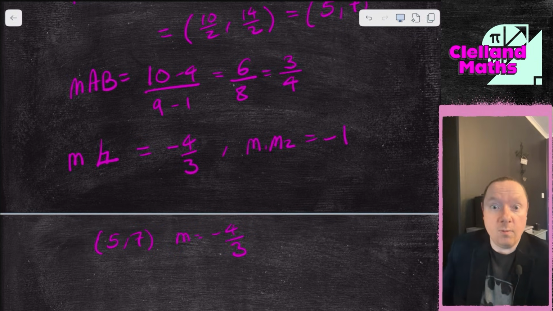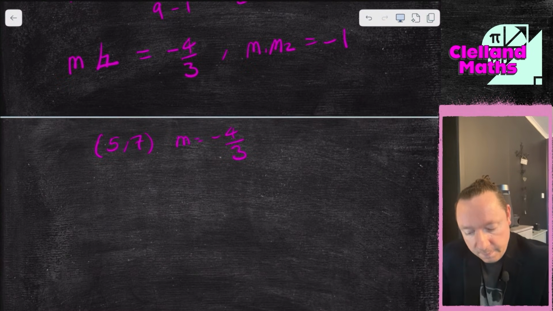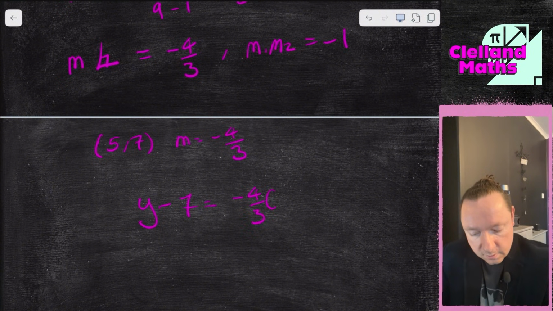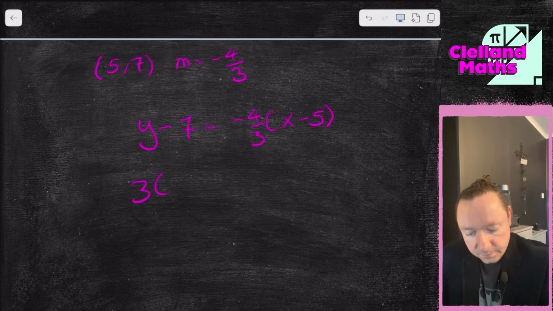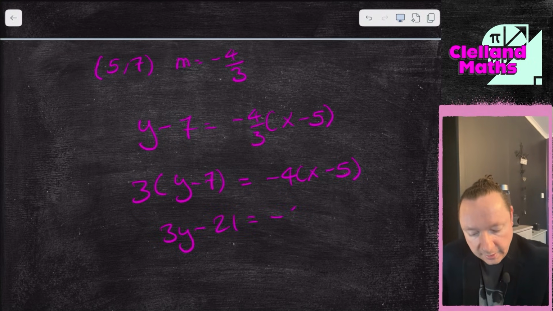So once again, y minus b is m times x minus a. So then we can just take the 3 up, 3y minus 21 equals minus 4x plus 20.